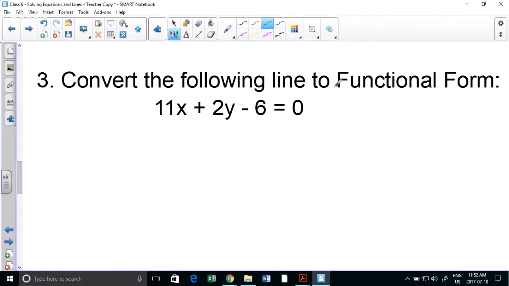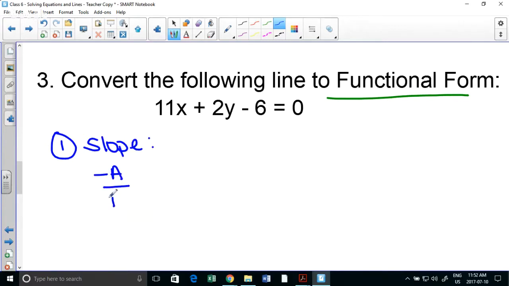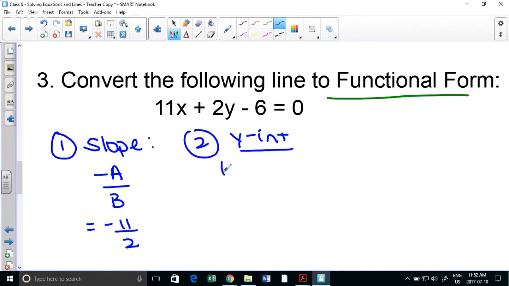Same thing here. If I want to convert to functional form, step 1, slope, negative a over b is negative 11 over 2. Step 2, y-intercept. I do the hide and seek method. So I have 11x plus 2y minus 6 equals 0.